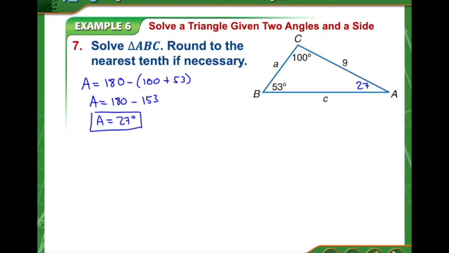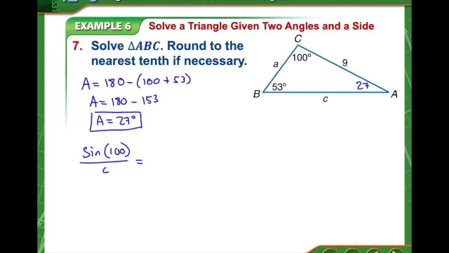So let's find side C first. For side C, we need to use sine of angle C, which is 100, over C, equal to, and of course we have angle B and we have side B. That's what we're going to use as our base to find these other pieces.